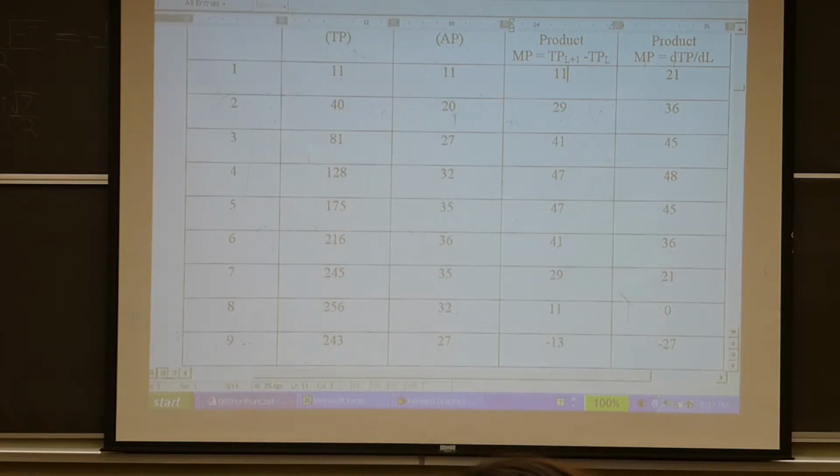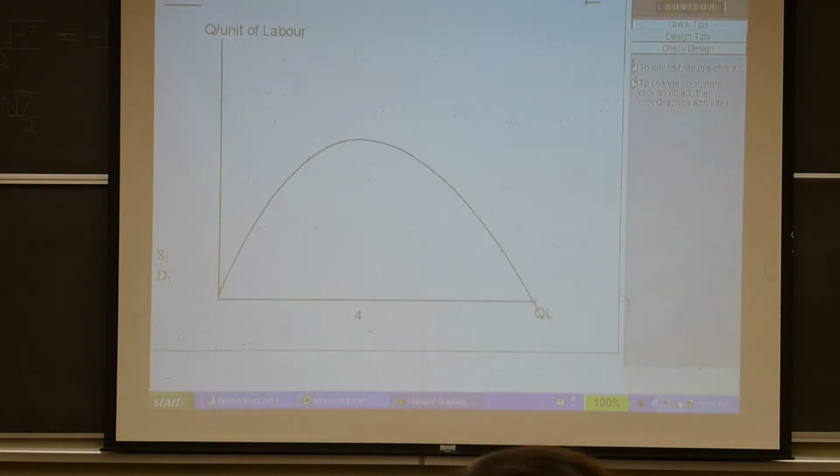The average product is 40 divided by 2, which is 20, and the marginal product is 40 minus 11, which is 29. They're not the same. Then 3 people produce 81. The average product is 81 divided by 3, the average product of each worker. But the marginal product is 41. Everybody, let's go to the diagram now.